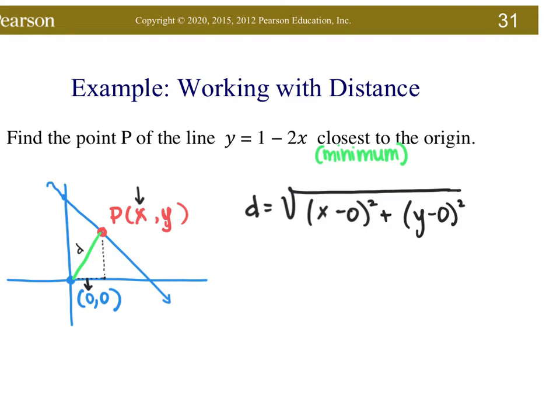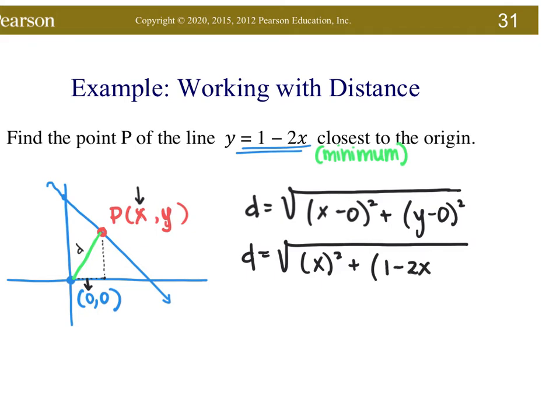But what is y? Okay, remember that y is 1 minus 2x. So I'm going to replace y with that expression. So my d becomes the square root of x minus 0, so that's x squared, plus y, which is 1 minus 2x minus 0 squared.